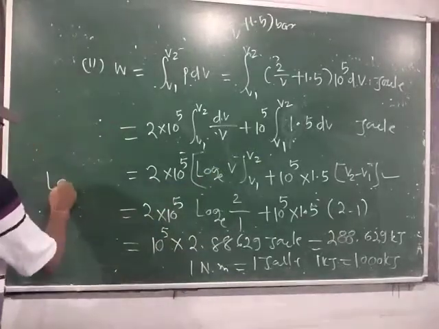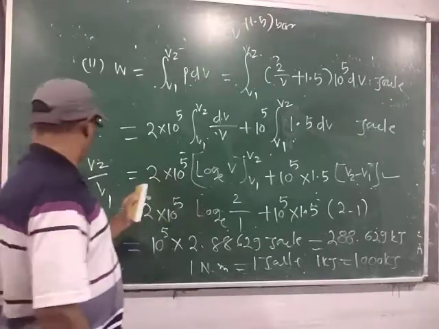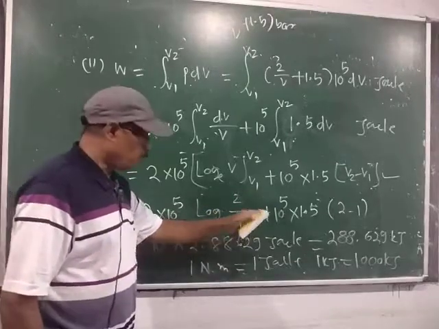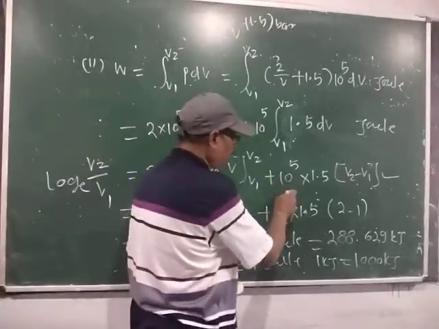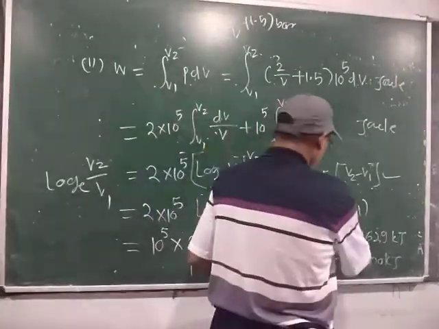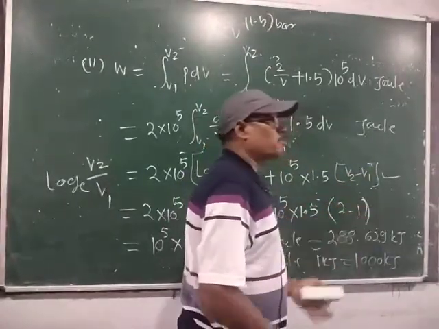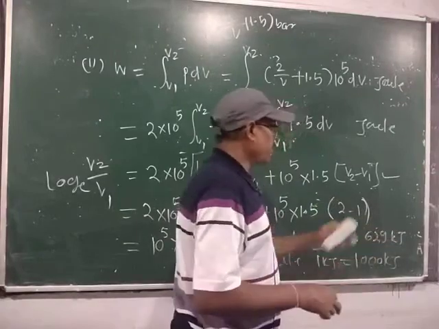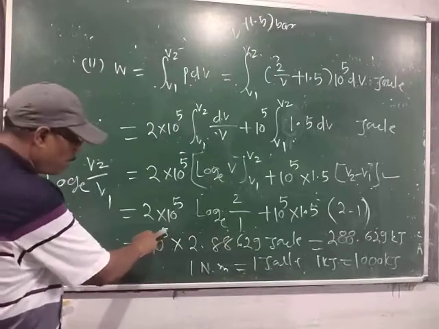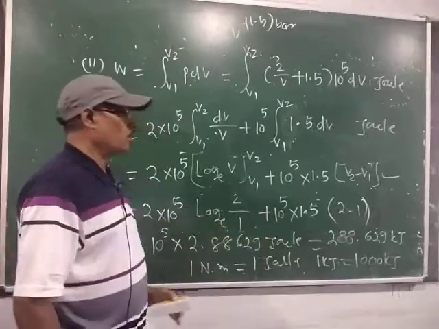We can write V2 is equal to 2, V1 is equal to 1, plus 10 to the power 5 into 1.5 within bracket 2 minus 1, because final volume is 2 and initial volume is 1. Therefore 10 to the power 5 into 2.88629 joule.